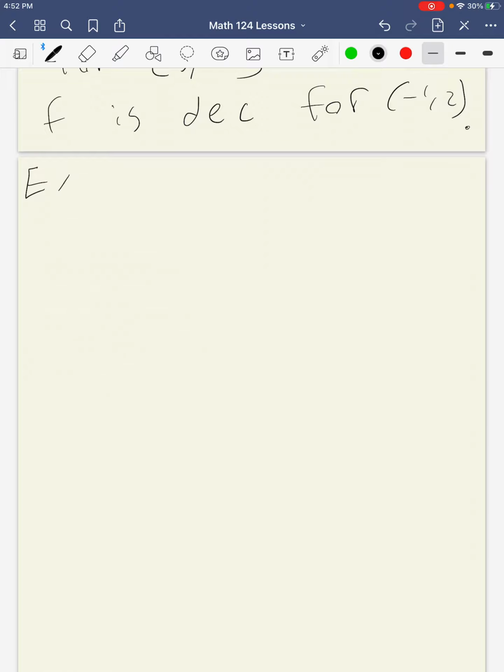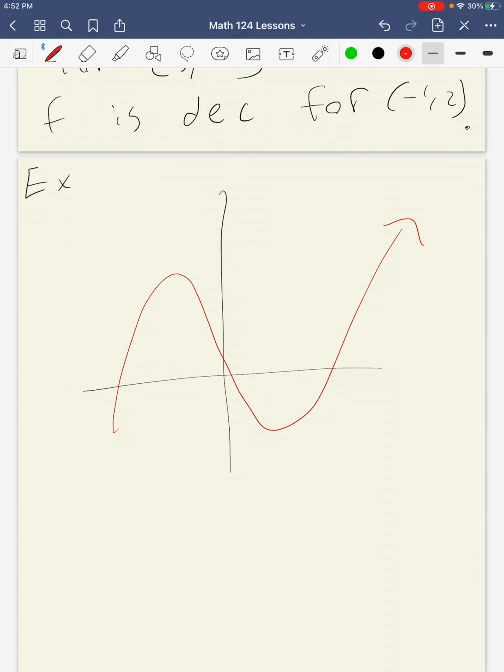Let's now look at an example like this. I'm going to draw a graph here in red. I'm going to give you the point here. Let's say this is -1, 2. And let's say this point is 2, -3.